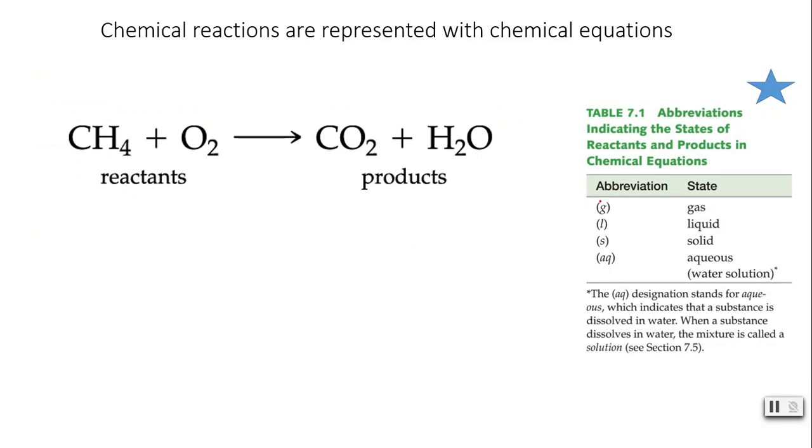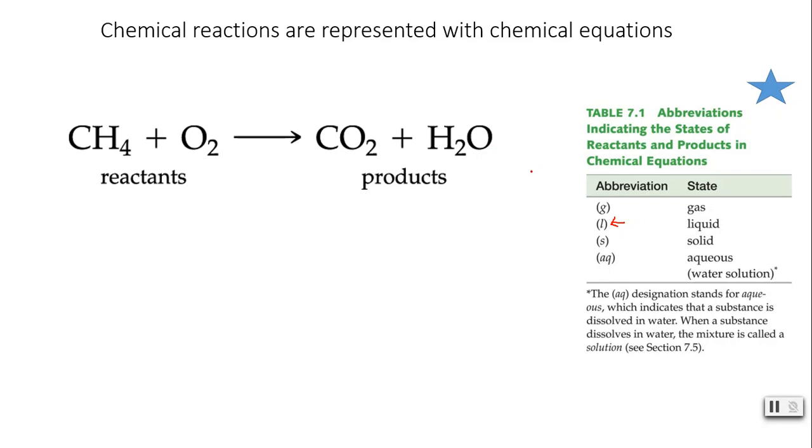If a reactant or product's state is given as aq, that means aqueous. That means that substance is dissolved in water. So aqueous is different than liquid. This l means something is a pure liquid. For example, H2O is a pure liquid.